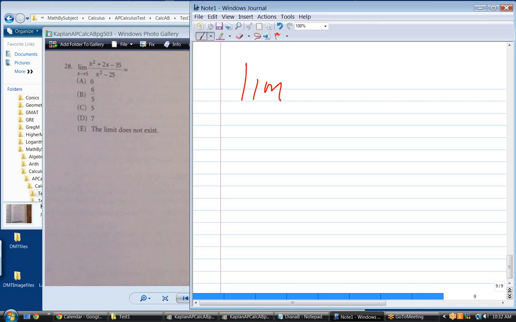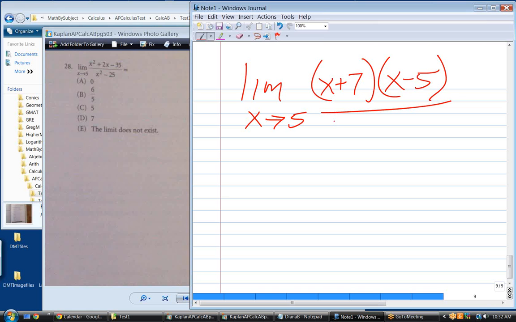Factor the top. X plus 7, the quantity of x plus 7 times x minus 5. And the bottom? The quantity of x plus 5 times the quantity of x minus 5.